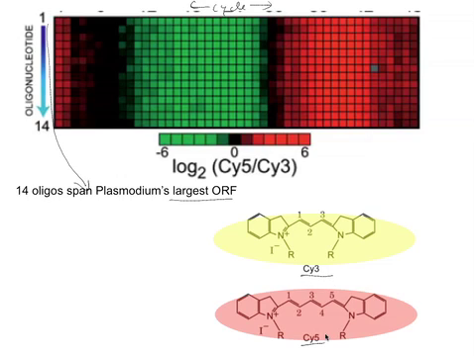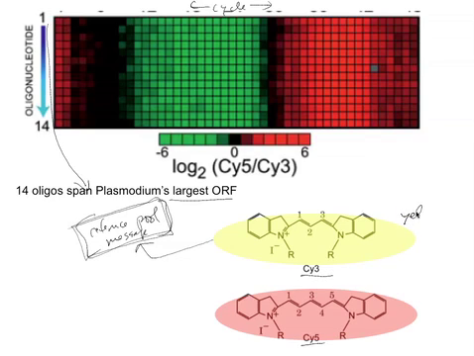And first, there's a reference pool of message that's assayed, and those messages are basically an average over all of the cell cycle, samples taken over the entire cell cycle, and those are coupled with this cyanine dye, so that when we see hybridization and fluorescence, this particular yellow fluorescing dye is our reference, our standard.